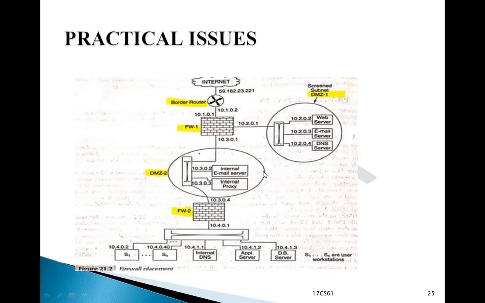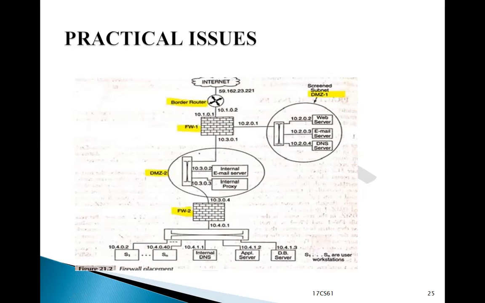Where exactly is the firewall placed, that is the question. The first is the access router that interfaces with the internet. Here the access router we just call the border router. One of the three firewalls, the first, is really a router.